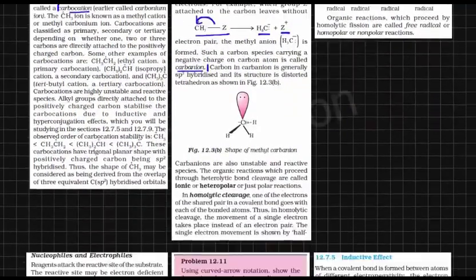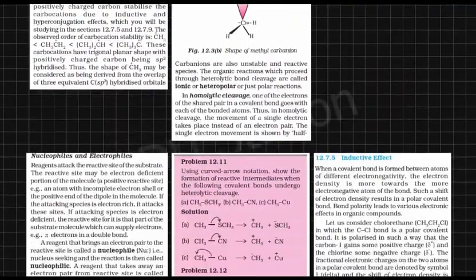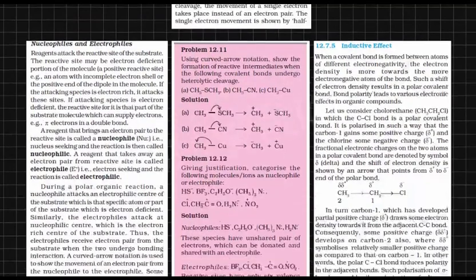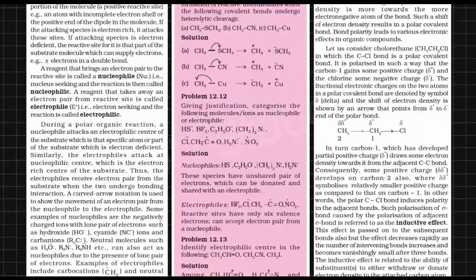Now, this topic deals with nucleophiles and electrophiles. So, this is the technical definition. A reagent that brings an electron pair to the reactive site is called a nucleophile, or you can simply say which is electron rich is a nucleophile, that is nucleus seeking, and the reaction is called nucleophilic.